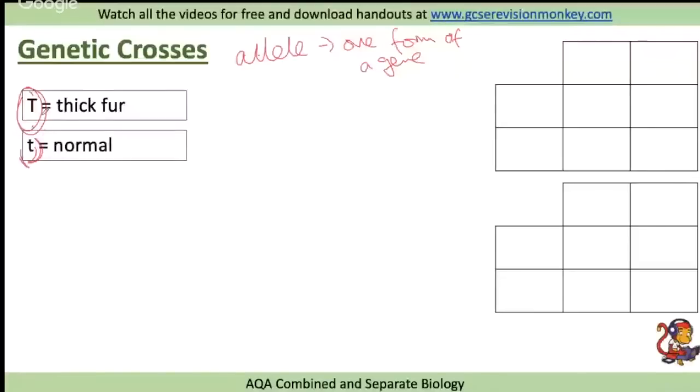So in this case, I've done a capital T for thick fur because this is the dominant allele. So if this is present, the animal will have thick fur, and this is the recessive allele. If it's recessive, this means that if it's just present on its own, it won't have normal fur. It has to have both alleles present, like lowercase t, lowercase t, in order for the animal to have normal fur.